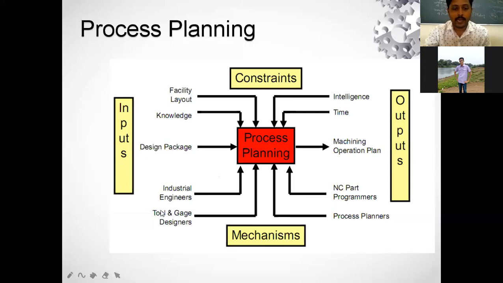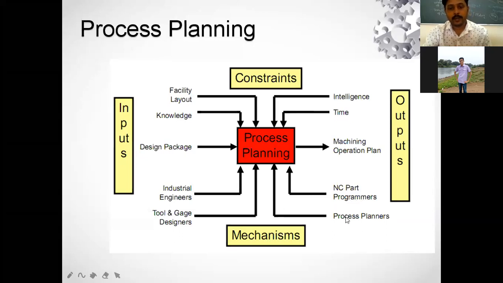Then the tool and gauge designers or engineers are going to give you input about the tools for manufacturing and gauges for quality purpose that are to be used. Which tools and gauges are to be used, so that according to that you can make the plan. If you are going to use a computerized numerical control system or NC system, then you require a part programmer for that. Okay.